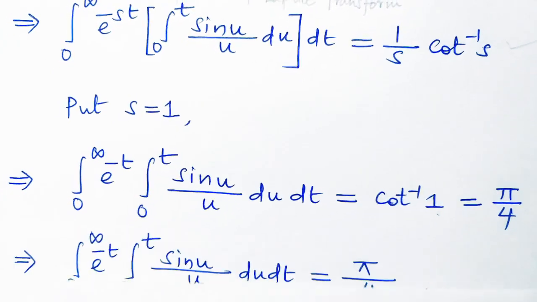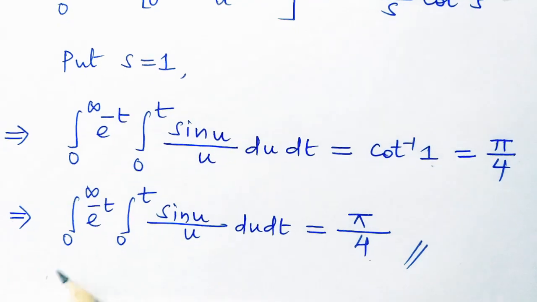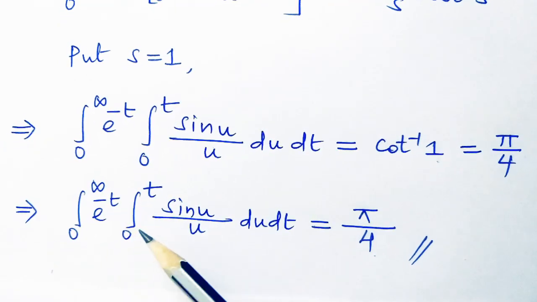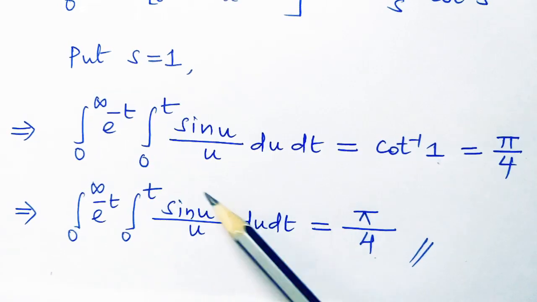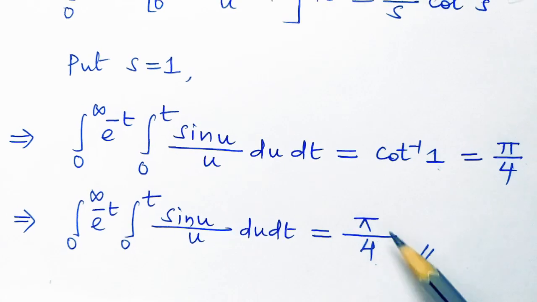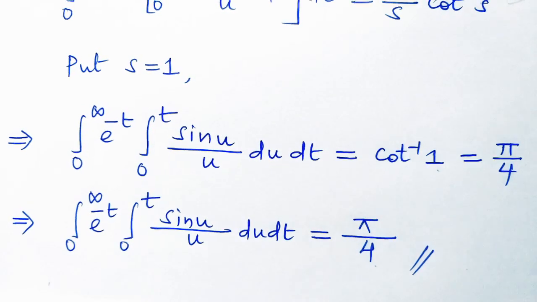So finally, the result is integration between 0 to infinity e to the power of minus t, integration between 0 to t sine of u divided by u du dt, equal to pi by 4.